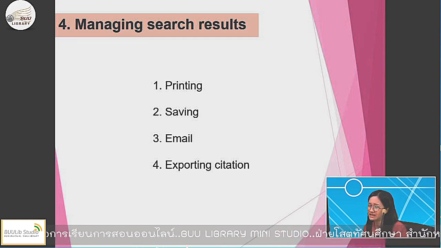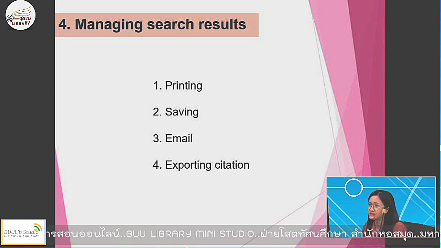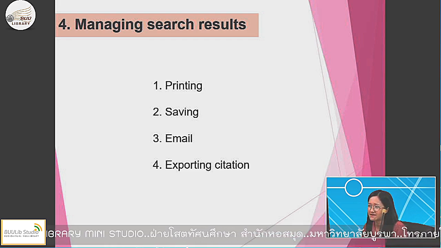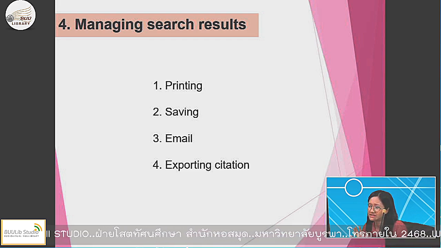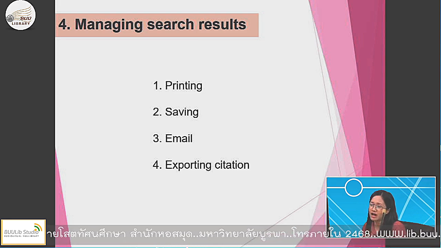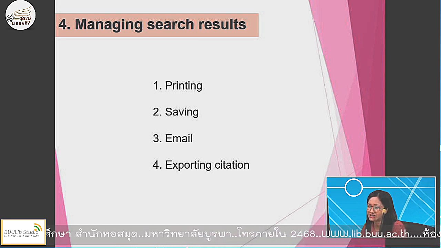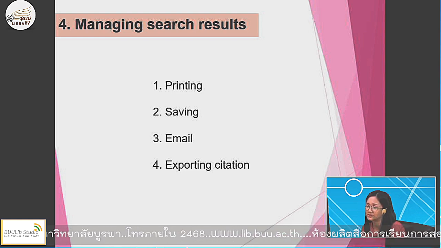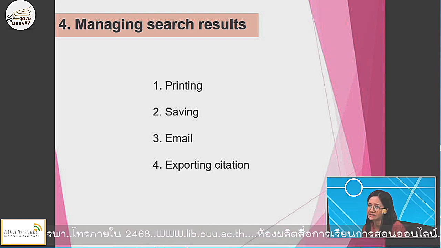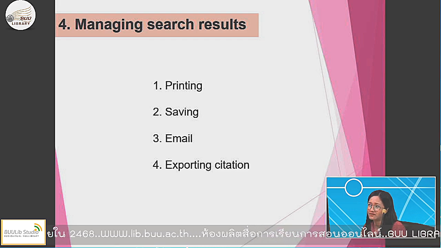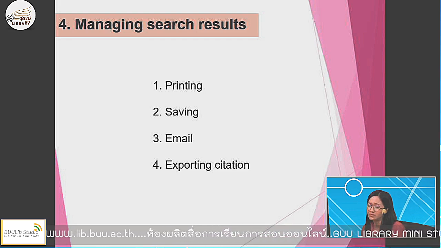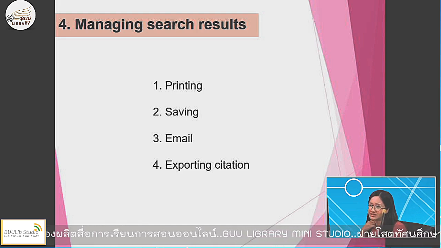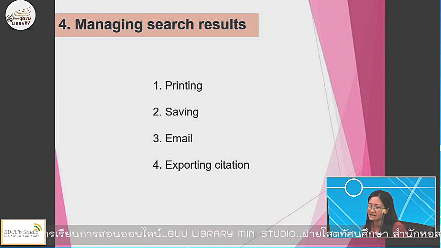The fourth step, the last step, is managing search results. When you get the result, you can print, save, maybe as a PDF, and also export the citation. When you search, at the end of the paper there is the bibliography, right? That's why we have to manage the result by exporting the citation.